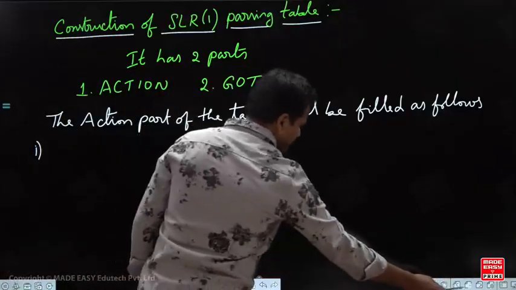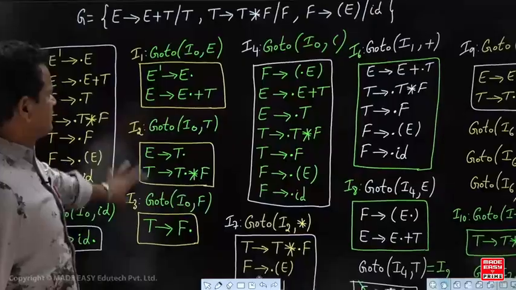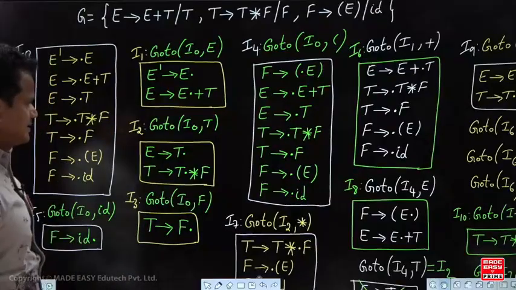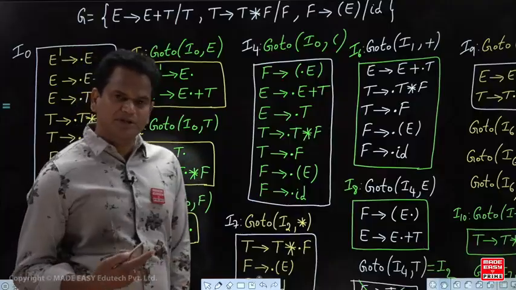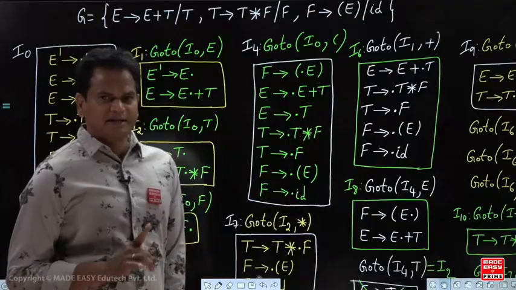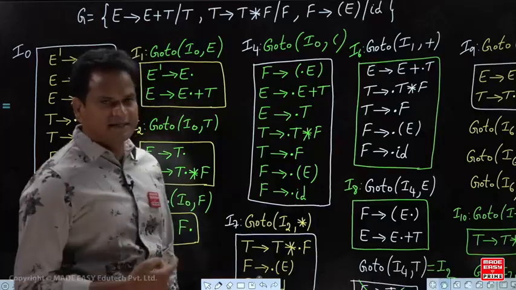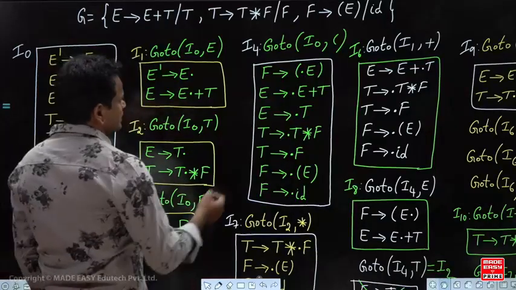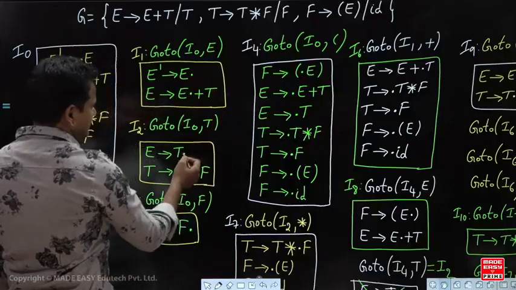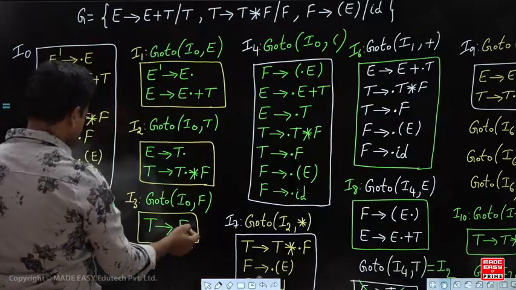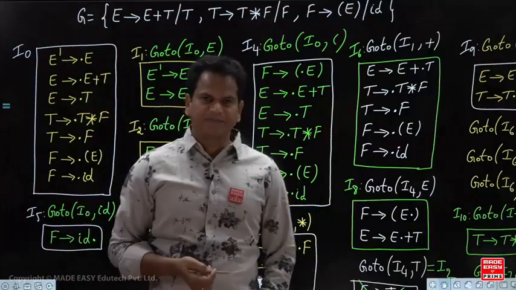Now, look at all these states. Whatever state you take, and in that state, whatever production you take, that production can be of two different types: either the dot reaches the end, like this, or the dot does not reach the end.